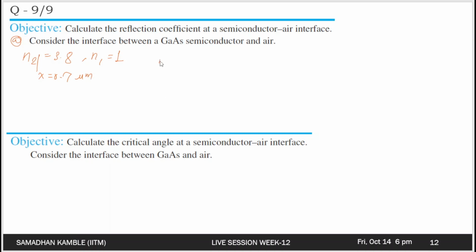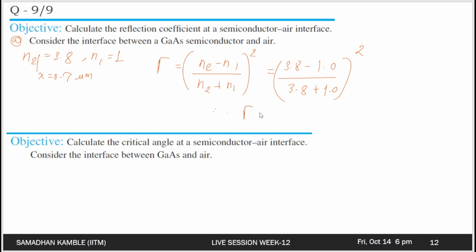We saw that the reflection coefficient is given by (N2 minus N1) over (N2 plus N1), whole squared. If we substitute the refractive indices, (3.8 minus 1.0) divided by (3.8 plus 1.0), whole squared, we get lambda of 0.34.